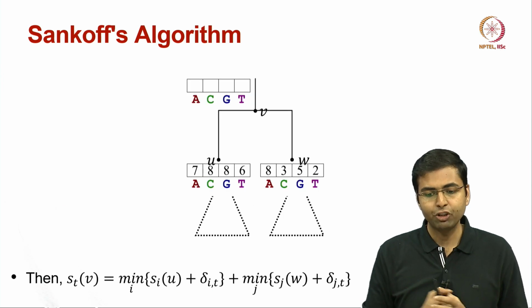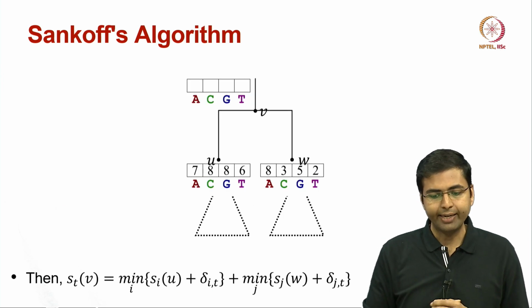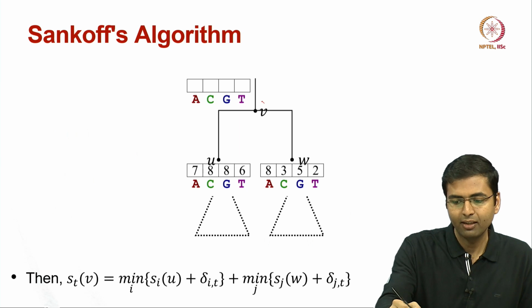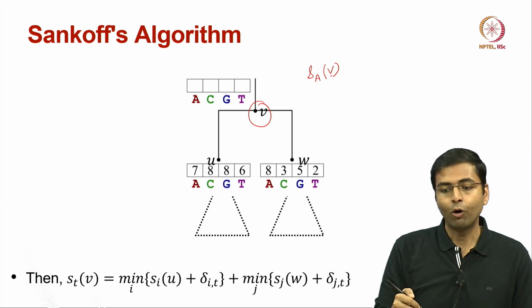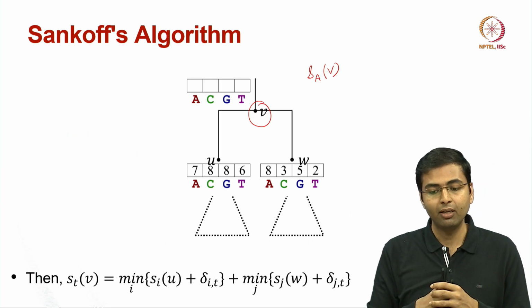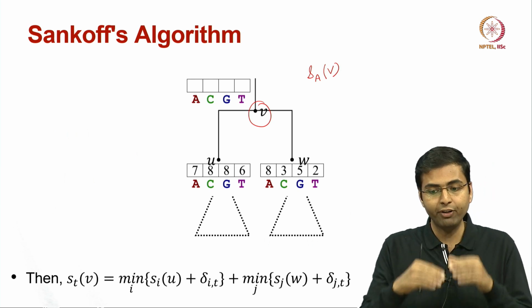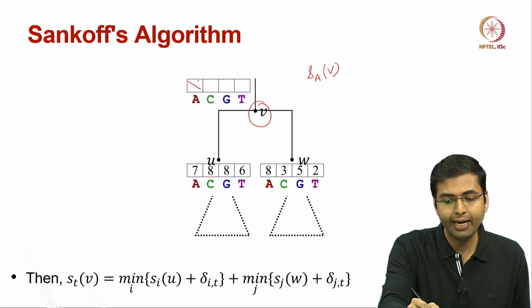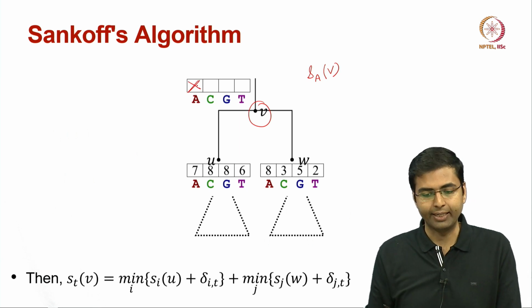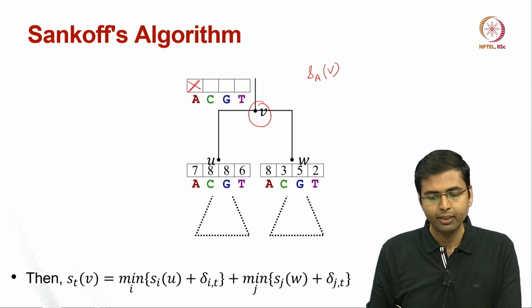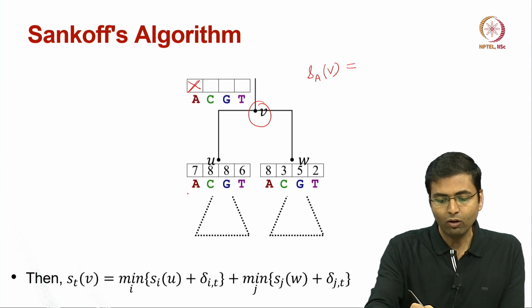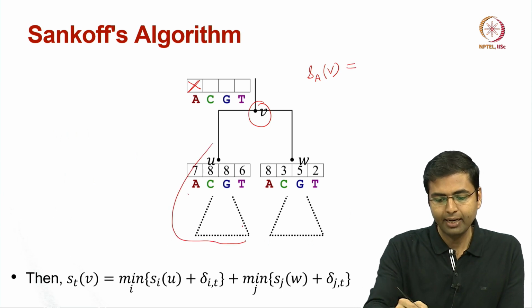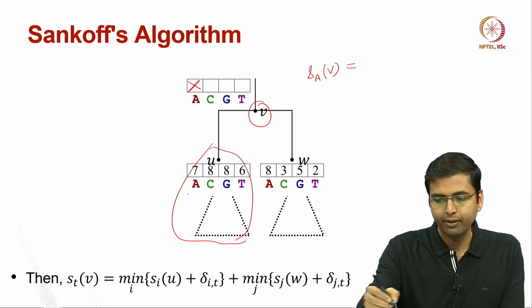So, here is another visualization, that is when we are computing, let us say, S_A(V), that is we want to look for the minimum parsimony score possible for the subtree rooted at V, assuming we assign state A to this vertex. This can be calculated as, we can consider all possible states at u, right.